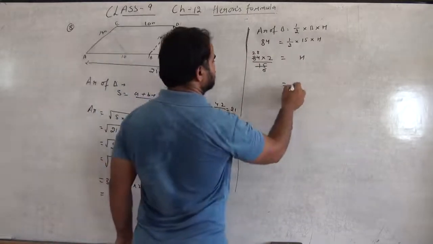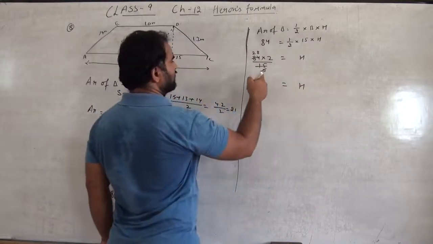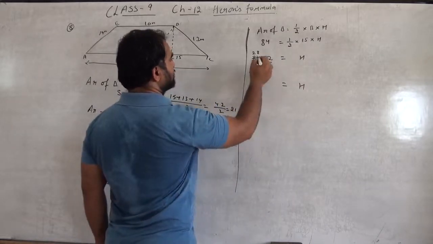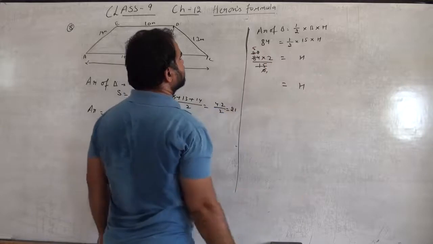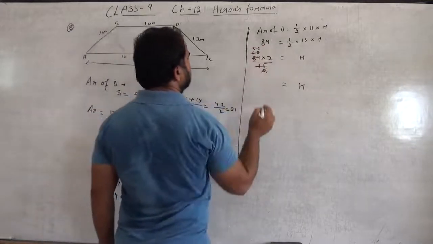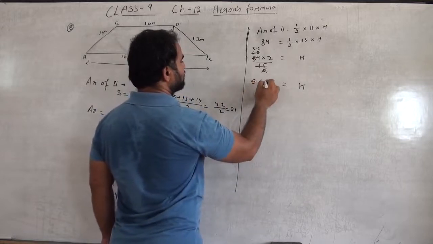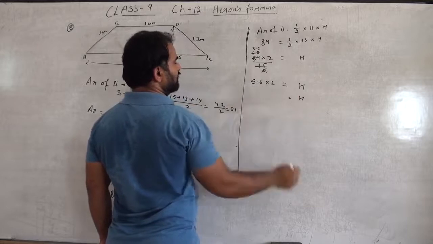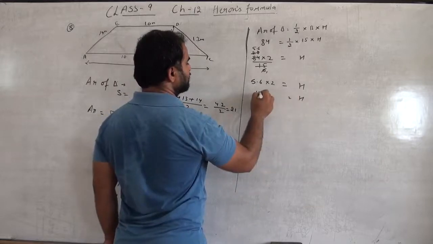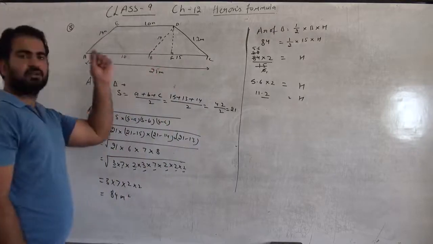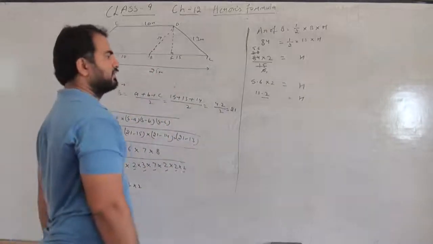Okay, so h equals, now we will divide it by 5. 5 5s are 25, 5 6s are 30. It will be 5.6 into 2. So h equals 11.2. Okay, so 11.2 will be the height of that triangle.